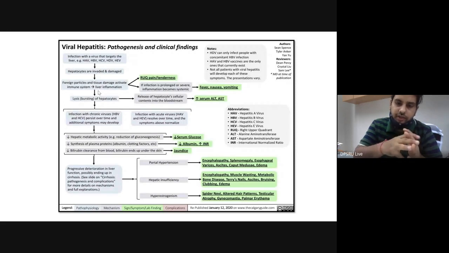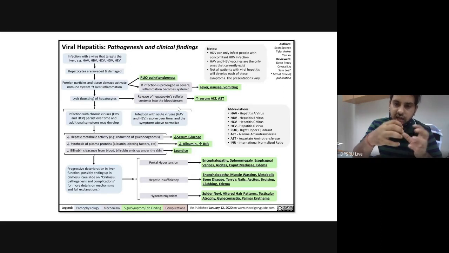This happens during acute inflammation, and patients can complain of right upper quadrant (RUQ) pain. If the infection is prolonged, then patients can get fevers and feel nausea, or can get vomiting also. If the virus is not cleared from the body, lysis of hepatocytes also happens.